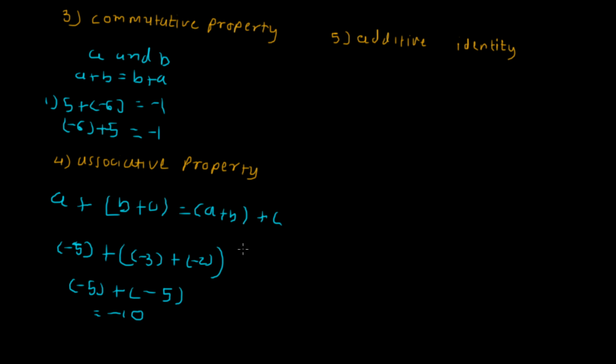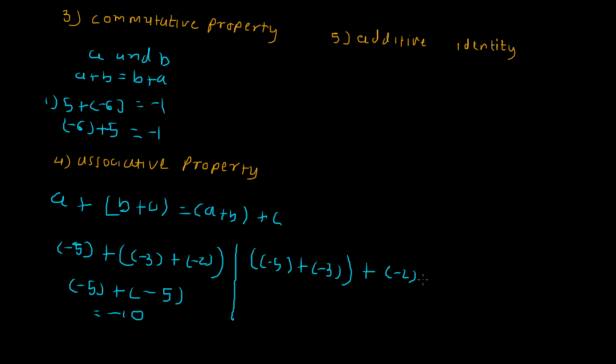Okay, let's do this another way. Now let's put this in brackets. -5 plus -3. Okay, so this is our a plus b in brackets, plus c. c is -2.